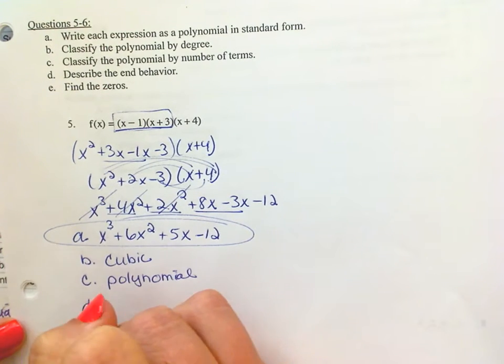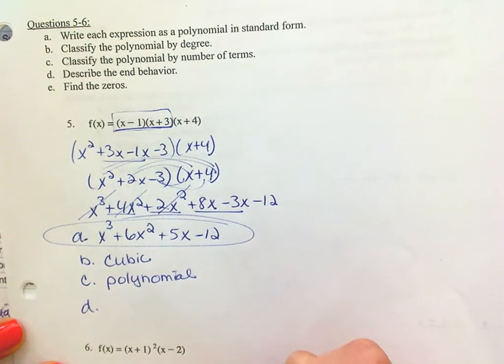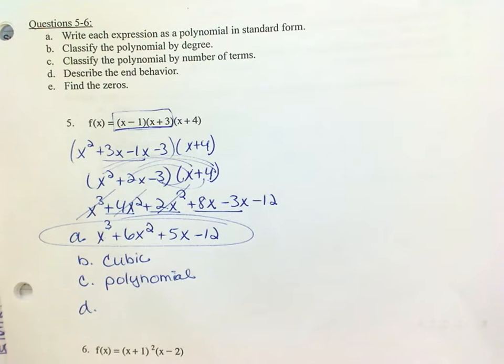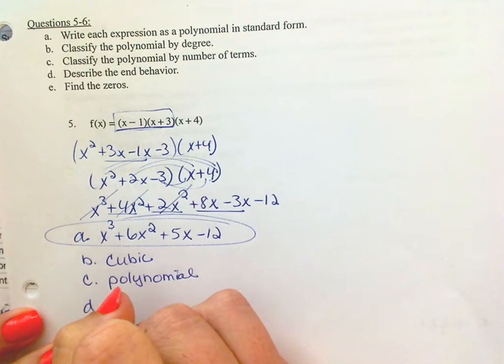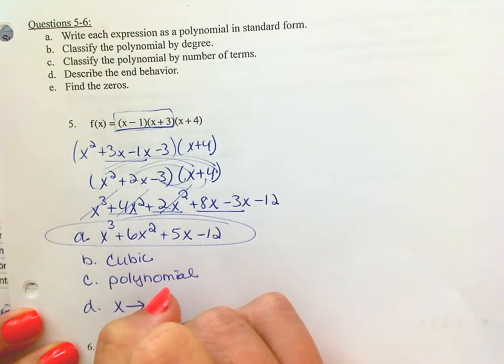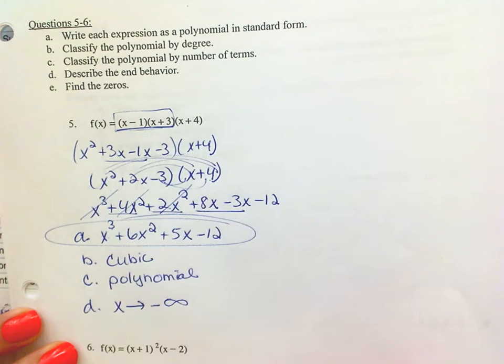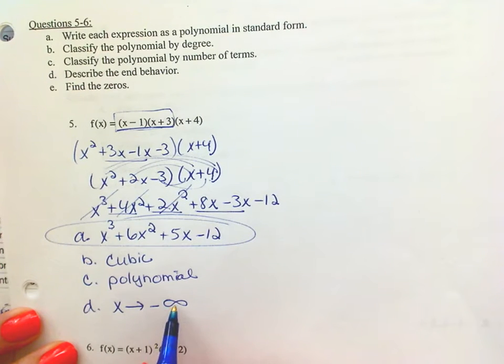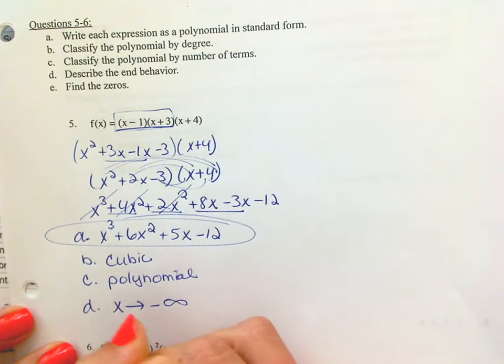For part D, this is your end behavior. This is what you talked about hopefully yesterday in 3.2. So we write it as x goes to negative infinity. So meaning if you go all the way to the left on your graph, where is it going?